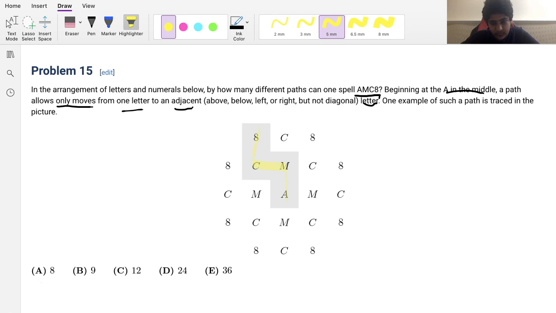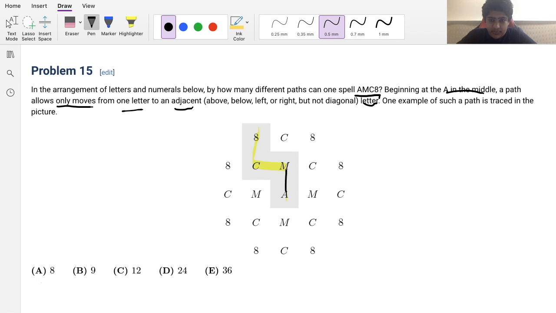So, since the diagram is symmetric, no matter where you go, there's an equal number of ways. So, we're just going to do it for one case and multiply our final answer by 4. In this case, we'll go directly upwards.